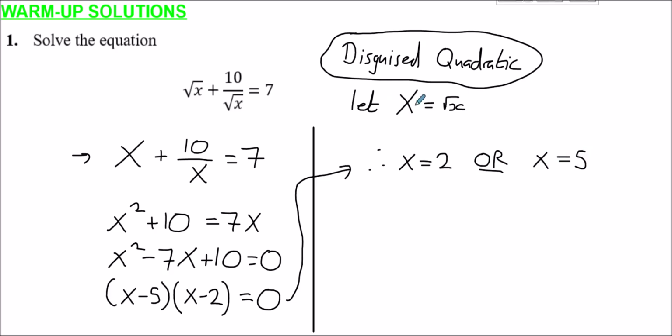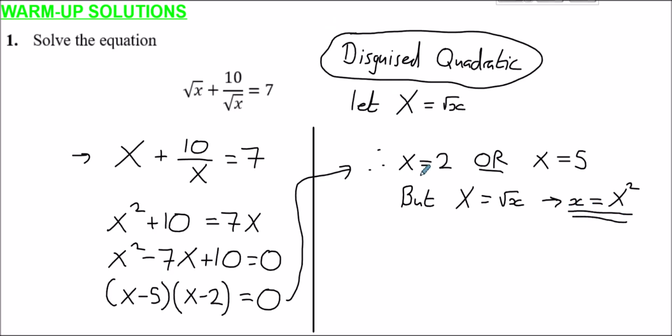But of course you need to remember that big X is just the square root of little x. So because big X equals root x, if we square both sides, we can then say that little x is the same as big X squared.